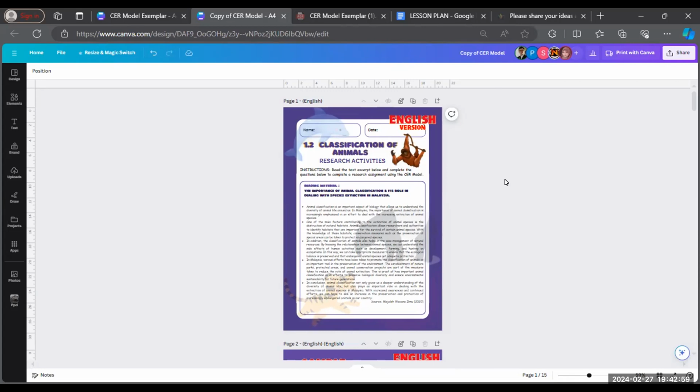It's commonly used in science to structure scientific arguments and explanations. CER also helps you increase your critical thinking and encourages you to critically analyze evidence, evaluate its relevance, and construct logical arguments based on your findings, and also to nurture your higher order thinking skills like analysis, evaluation, and synthesis.